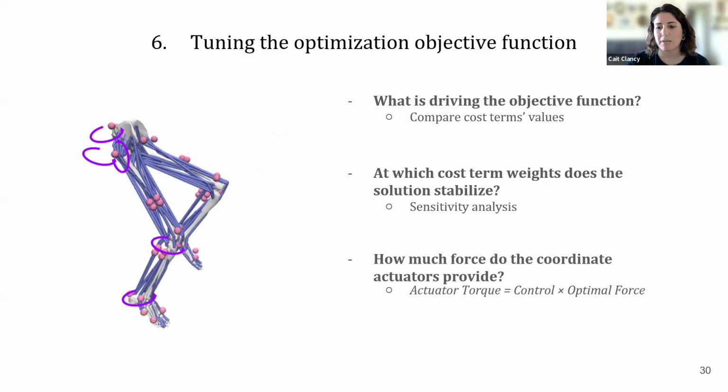So we really want to make sure that the optimal force value is being checked and tuned each time we go through these iterations as well, checking that the moment created by these torque actuators isn't too large compared to the moment, but it's also providing enough actuation, for example, with the hip rotation, which this model is deemed a little bit weakened.